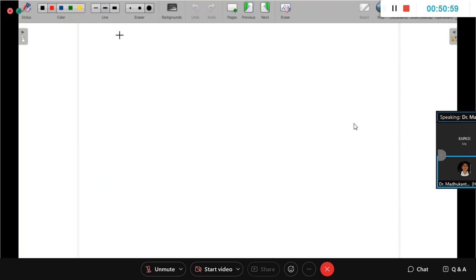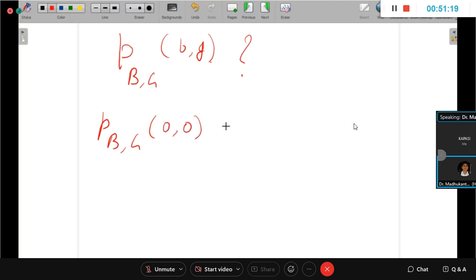So if you denote this joint PMF by P, and this is (B, G), you have to find the values, B equals to 0, G equals to 0. So you have to find P at (0, 0), the first pair.